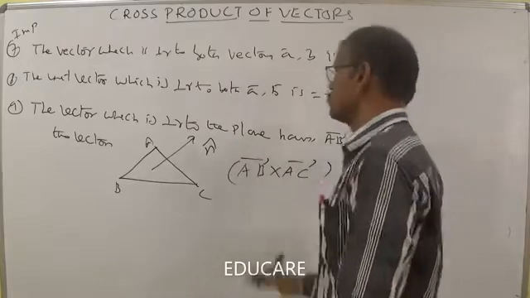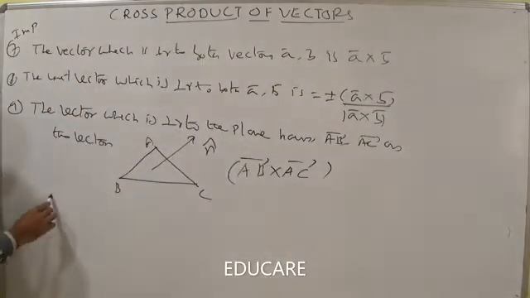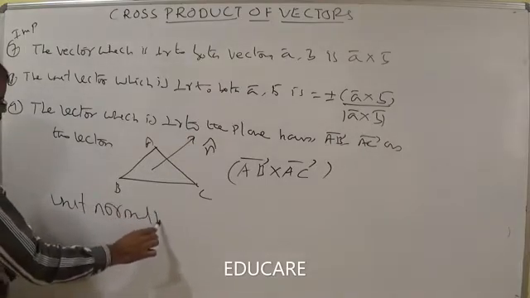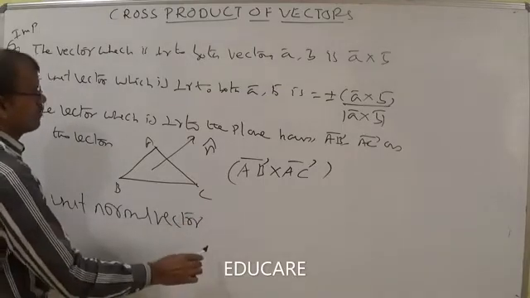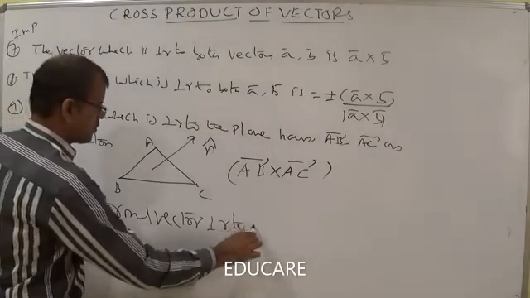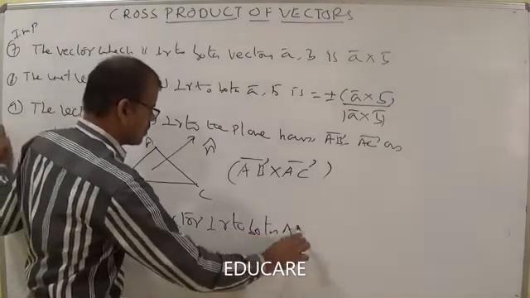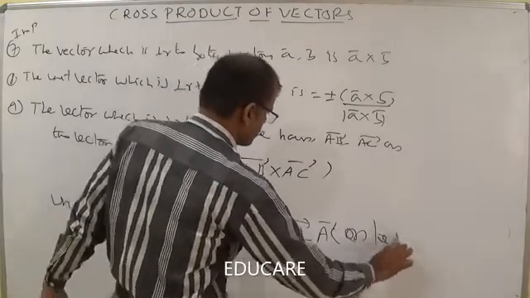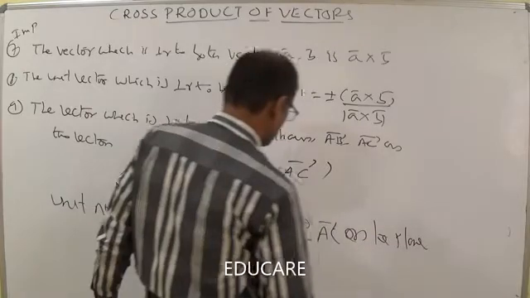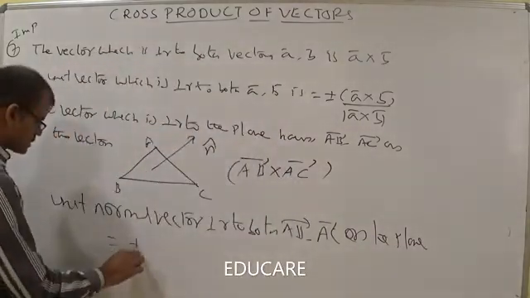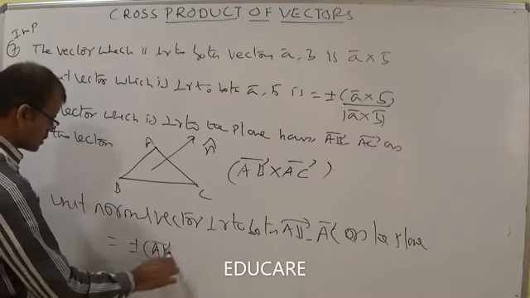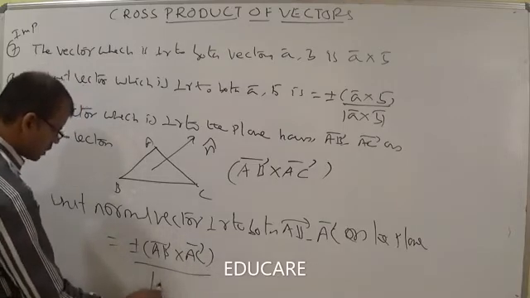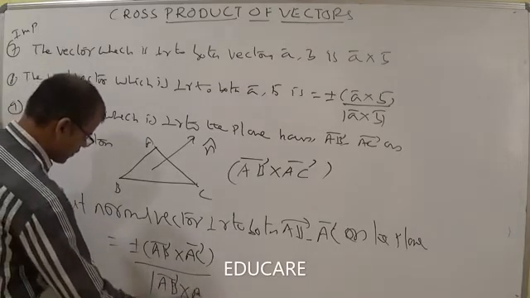If he is asking about the unit normal vector, the same concept, the unit vector which is perpendicular to both AB, AC in the plane, you can write as plus or minus AB cross AC whole by modulus of AB cross AC.